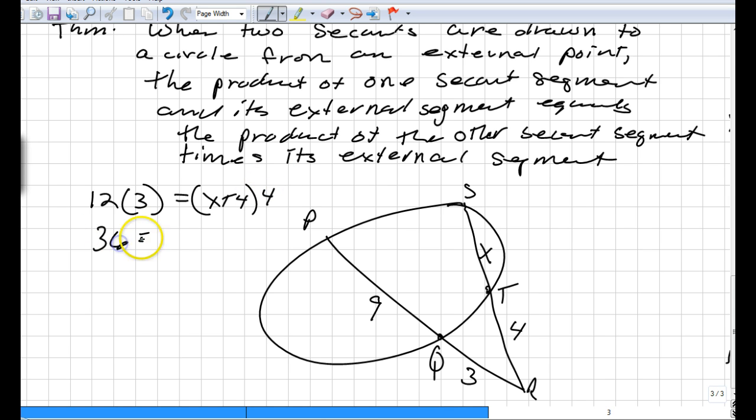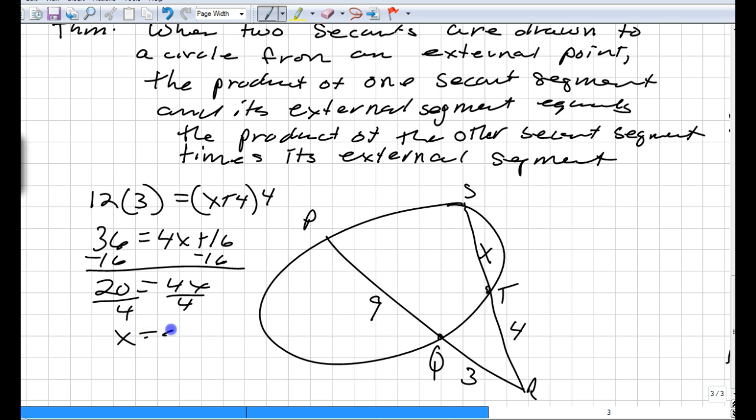So I get 36 equals 4X plus 16. Subtract 16 from both sides. I get 20 equals 4X. Divide by 4. I get X equals 5. So the length of ST is 5. So the length of SR has to equal 5 plus 4, or 9.